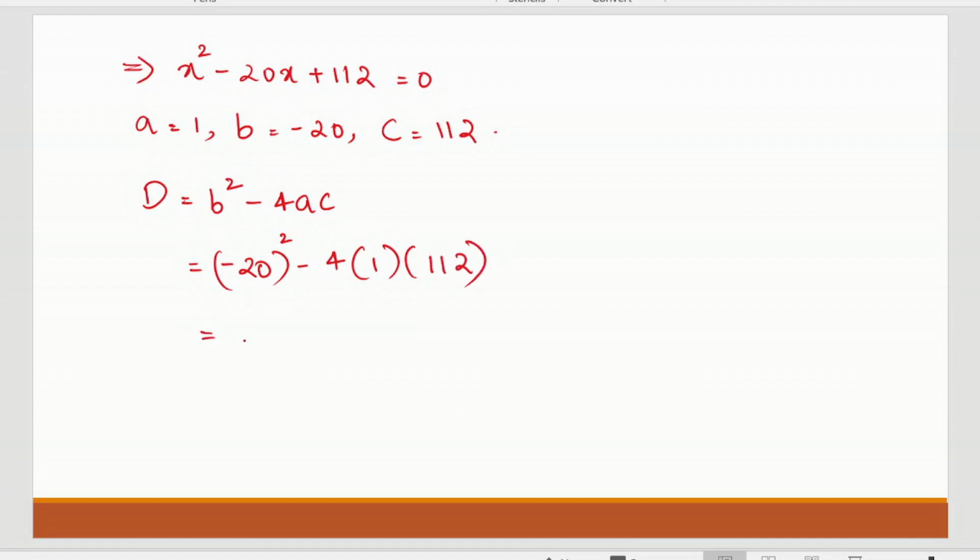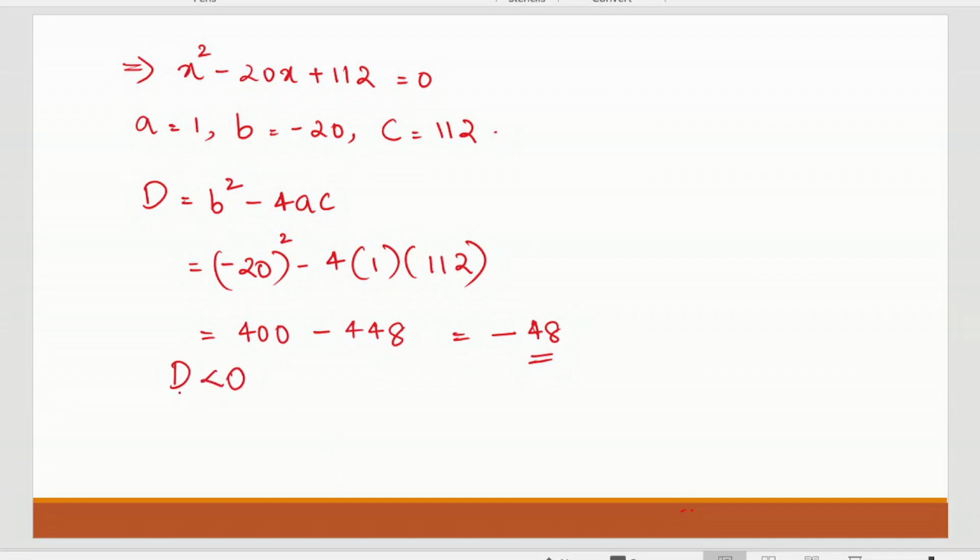Minus squared is plus, so 20 square will be 400 minus, when you multiply 112 with 4, you will get 448. So 400 minus 448 is minus 48, which is a negative number. So we will get the discriminant less than 0.